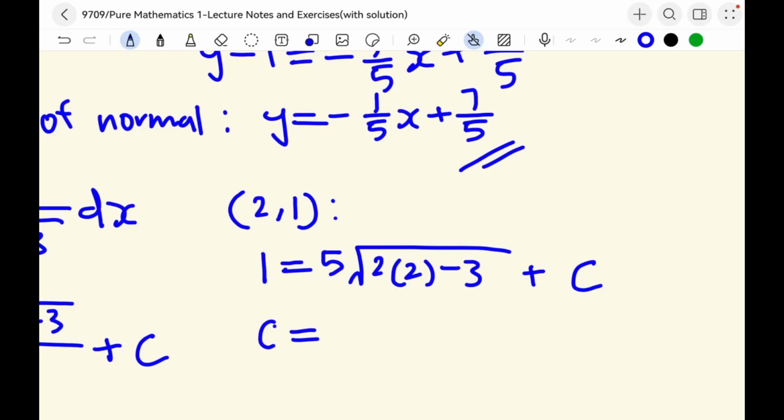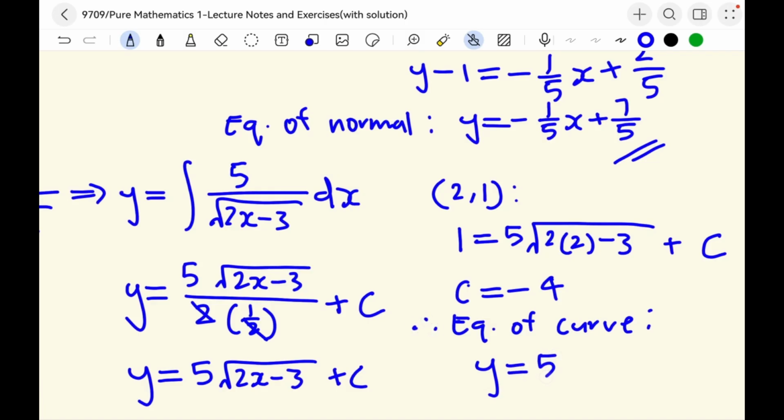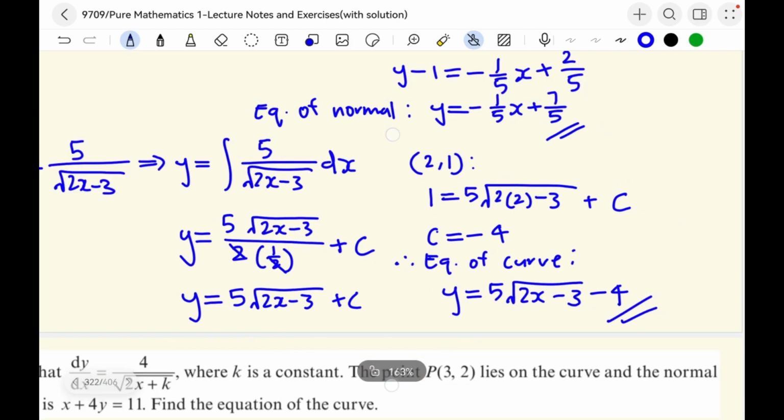It is negative 4. Finally, rewrite the equation of the curve as y equals 5 times the square root of 2x minus 3, minus 4. So this is your equation of the curve.